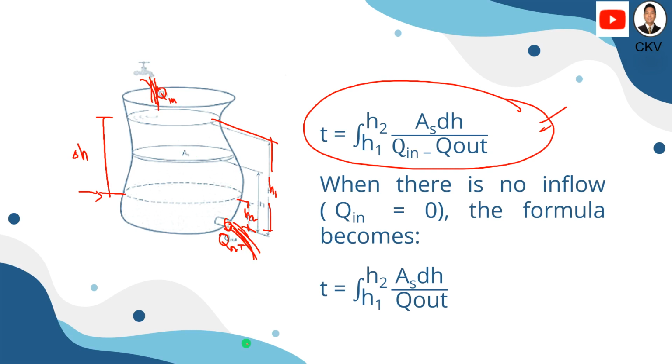Okay, so if there is no water being added to the container, we'll just cancel out the Q in, and we will have this equation. Just take the absolute value of the outlet discharge. Okay, so this is now the solution.